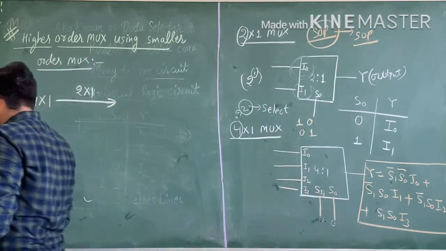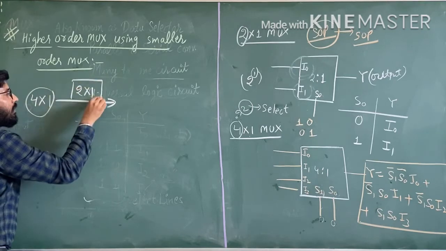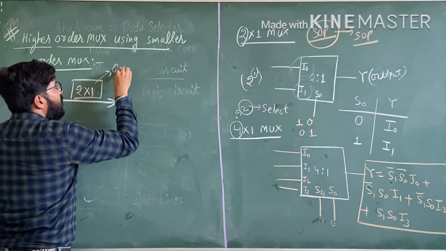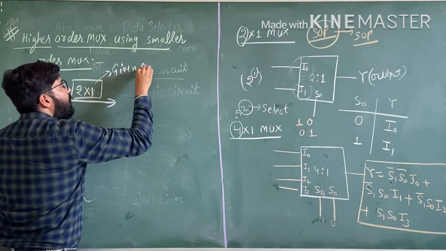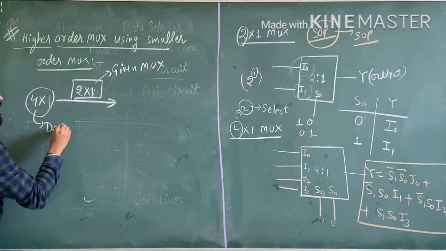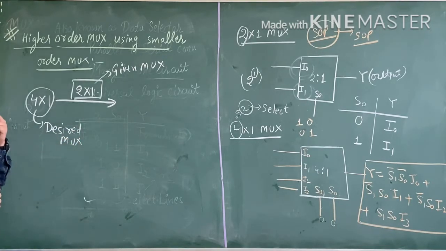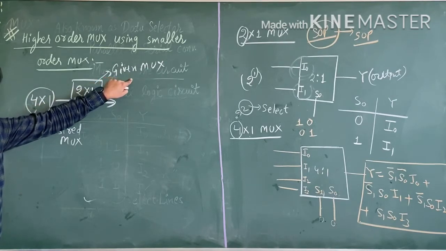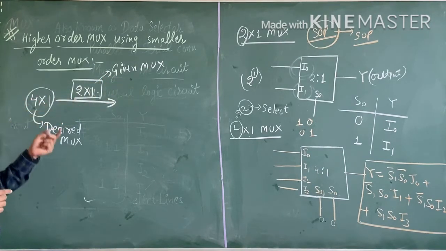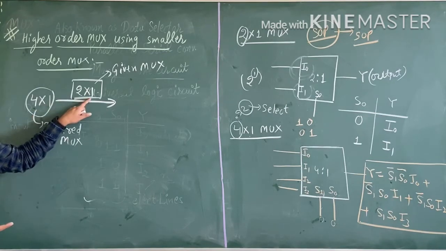Now see, this is the given mux and this is the desired mux. You have to divide the desired mux by the given mux. The output is the same, because a 4 cross 1 mux has output 1 and a 2 cross 1 mux has output 1.